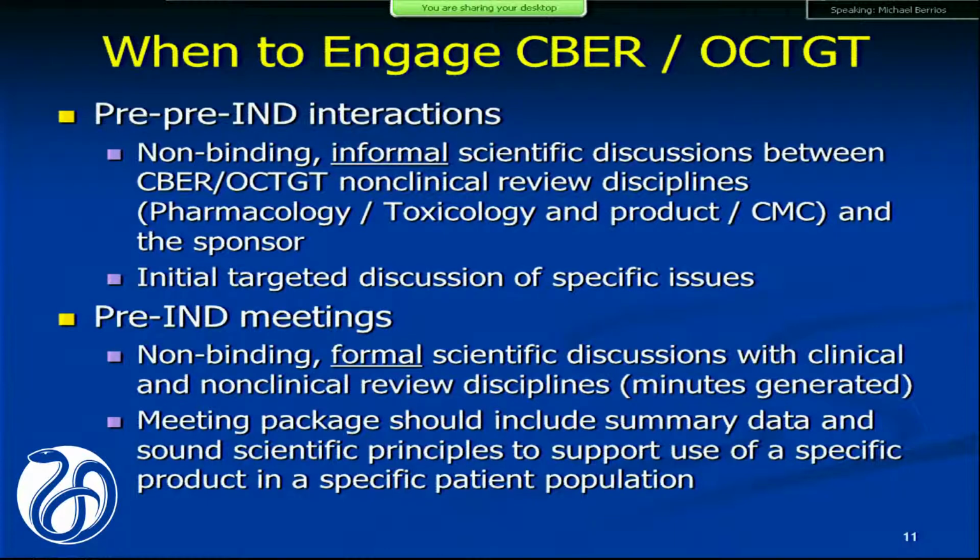The products that are regulated in our office, OCTGT, are highly individualized. So we encourage the sponsors to have early interaction with OCTGT. And this can be achieved by pre-IND interactions and pre-IND meetings.